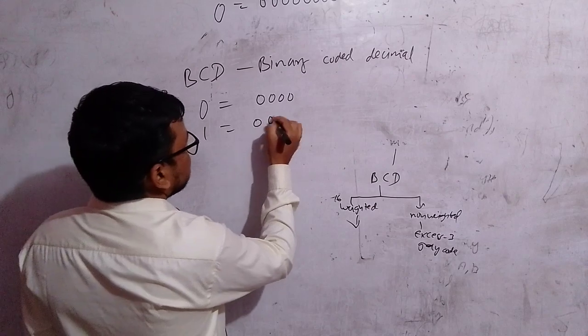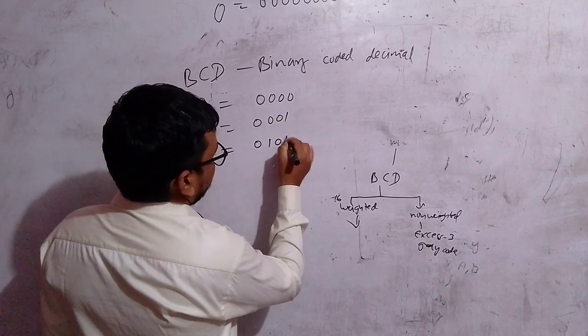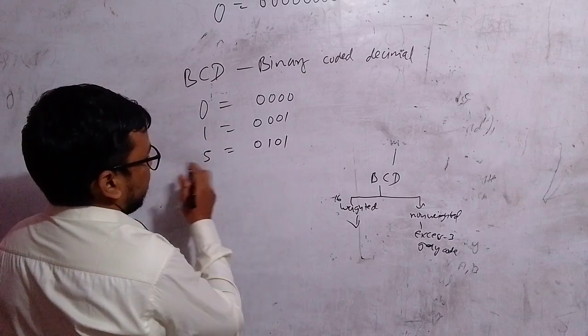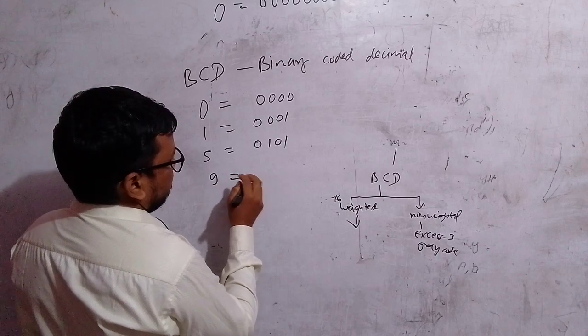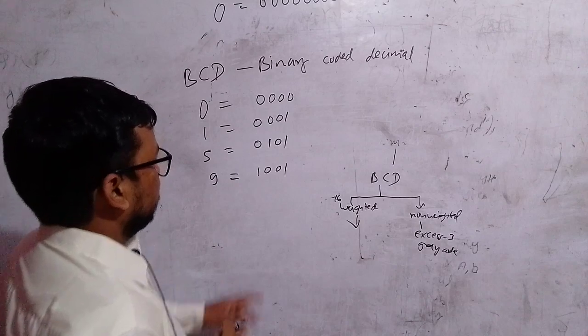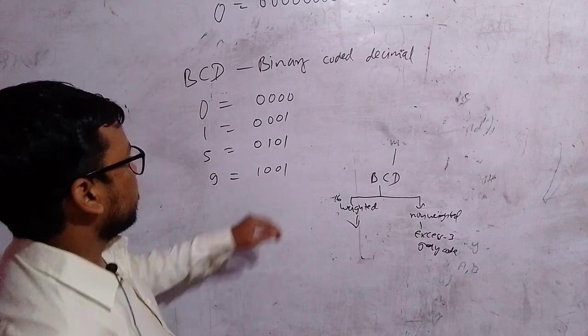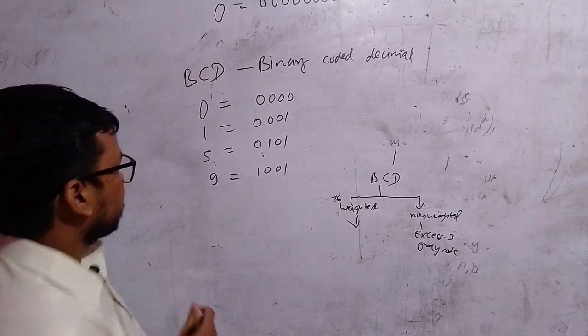That means 1 is represented by 0001, 5 is represented by 0101, and so on up to 9. How to represent 9? 1001. In this way, up to 9 it can be represented.